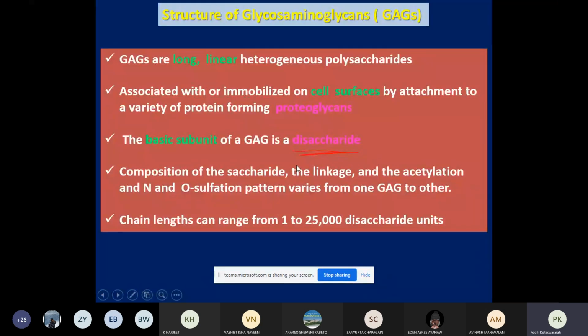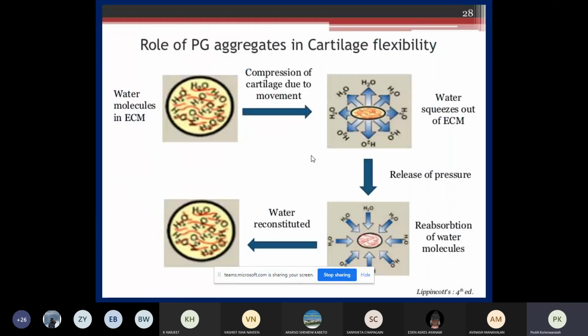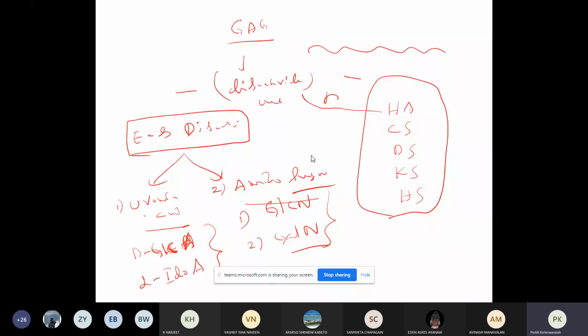And coming to its structure, as I already said, these glycosaminoglycans are first classified into two categories. One is non-sulfated GAGs, second one is sulfated GAGs. In the non-sulfated GAGs, we have only hyaluronic acid, whereas in the sulfated GAGs, we have keratan sulfate, chondroitin sulfate, dermatan sulfate, and so on.